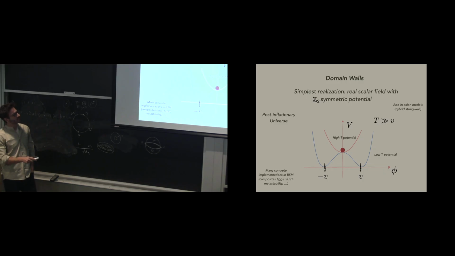The simplest model is the one in which you have a real scalar field phi with a Z2 symmetric potential. At high temperatures, what you typically get is a thermal mass for this field, so you get something that looks like this red curve here. It's a high temperature potential, but as the temperature lowers, you start noticing the low temperature potential.